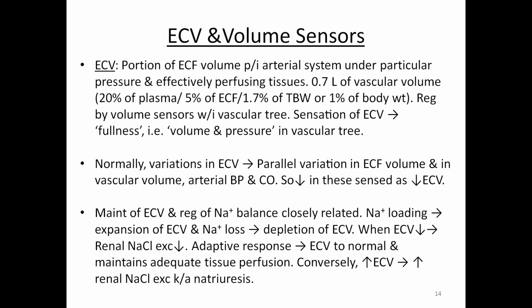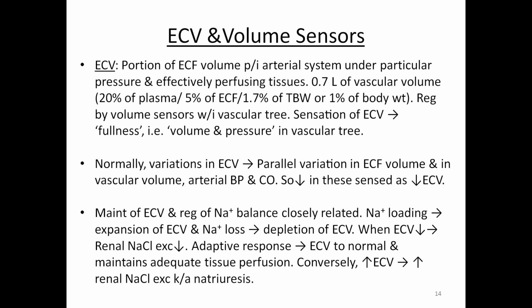Now how is this ECV maintained? The maintenance of ECV and sodium balance are quite closely related. Sodium loading will produce expansion of ECV and sodium loss will lead to depletion of ECV. What that means is when ECV is decreased, renal sodium chloride excretion is reduced.